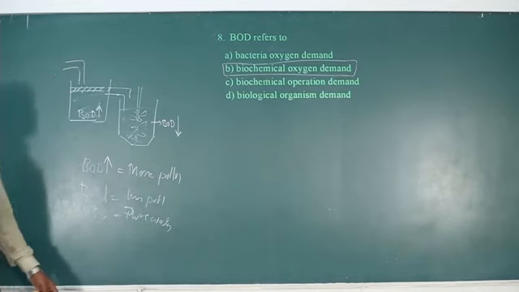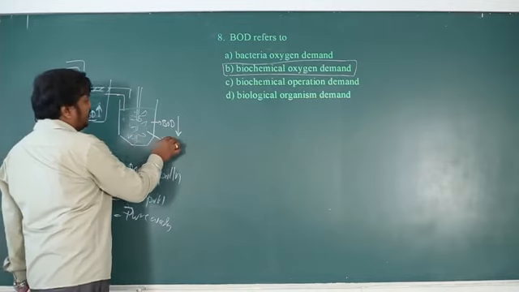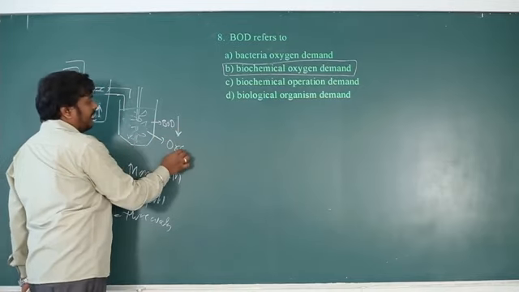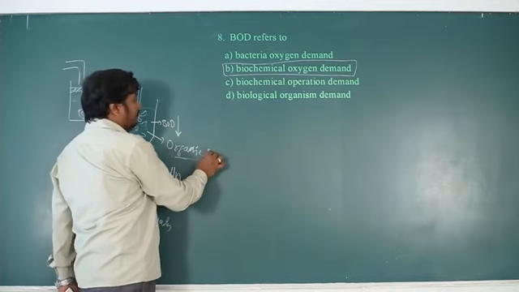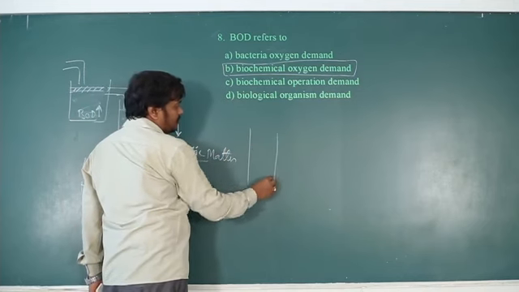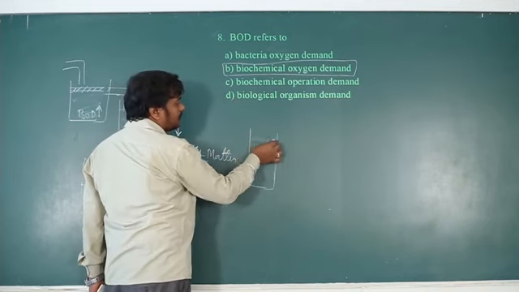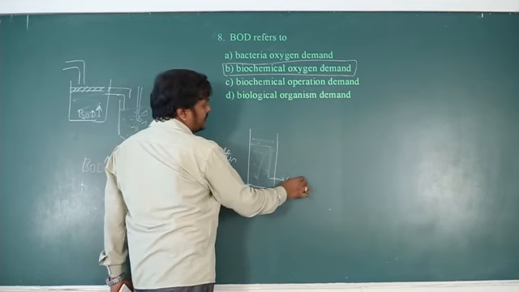So why do the bacteria need oxygen? Let me explain what BOD actually is. Consider organic matter present in 1 liter of water. Suppose this is 1 liter of water which contains some organic materials or organic waste.